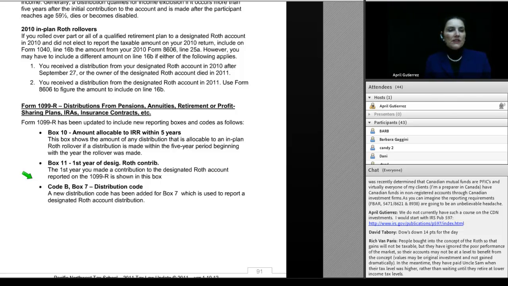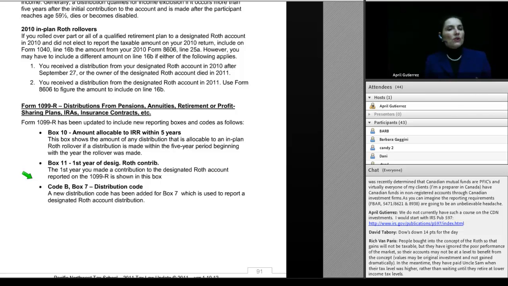So box 7 is how you identify the type of distribution going on and what the tax treatment for that distribution will be. Most 1099-Rs are issued with a distribution code of either 7 or 1. 7 means it's a normal distribution, normal income from a person who's simply retired and is taking distributions from a retirement account.